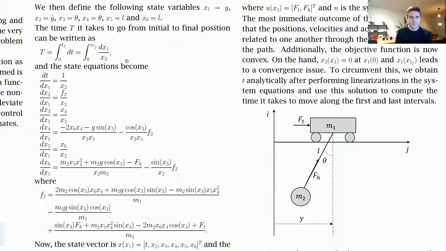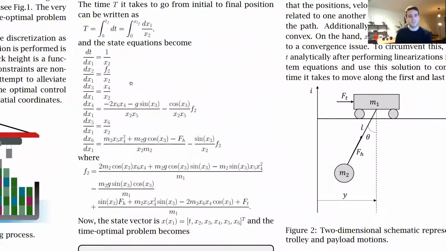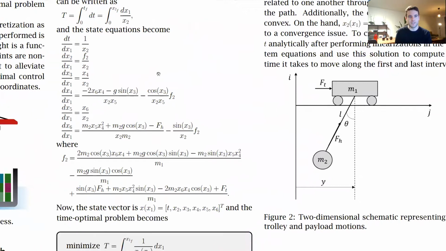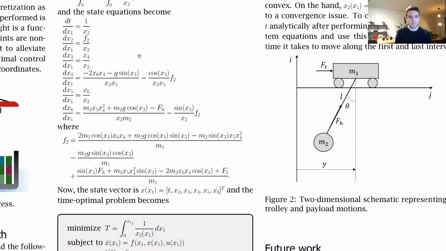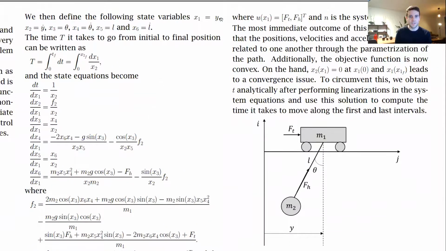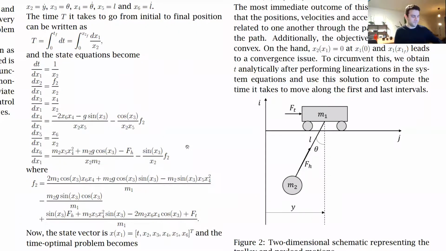Also, the time that a trolley takes to go from the initial position to the final position can be written as this equation here, which is the reformulation we mentioned. After this reformulation, the state equations become these ones here, which are parameterized in x1, which is the position of the trolley in our case.